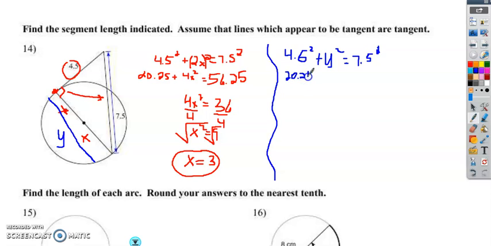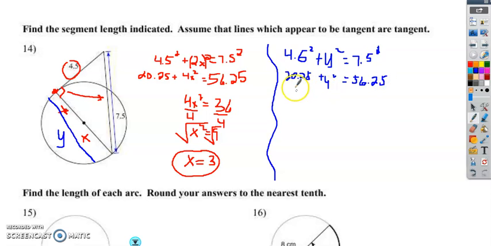20.25 plus y squared is going to be equal to, we said this was 56.25, correct?